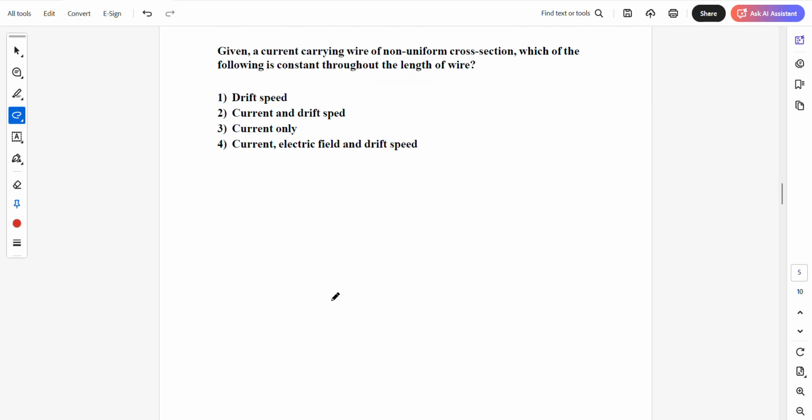Next, given a wire of non-uniform cross section. Only one thing is constant, that is current. Drift velocity, as we have seen in the previous problem, depends on area of cross section, inversely proportional, and on electric field also.